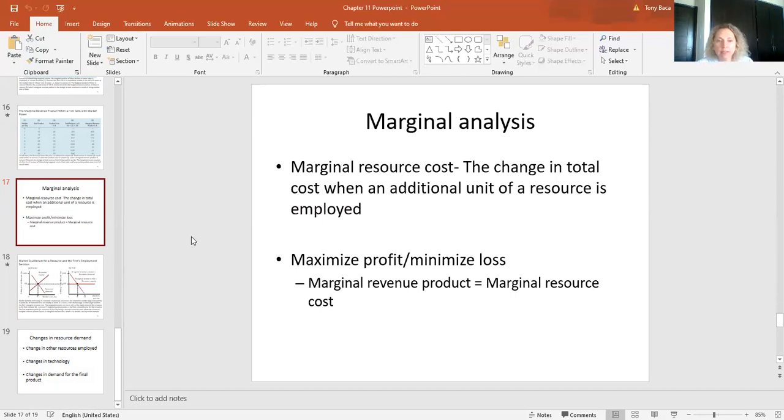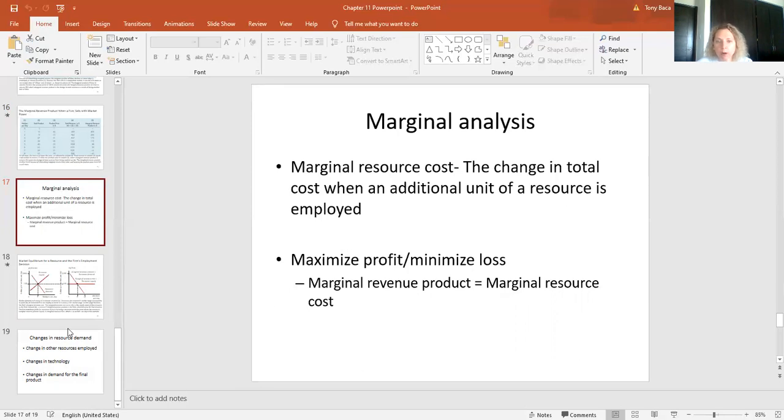If you look at that second bullet point, maximize profit, minimize loss. And then you look at what's underneath it. If you look closely, you can actually see MR equals MC in there, right? It just is from a resource perspective. So MR is marginal revenue product. So it's about the revenue just from that additional production, right? Equals marginal resource costs.